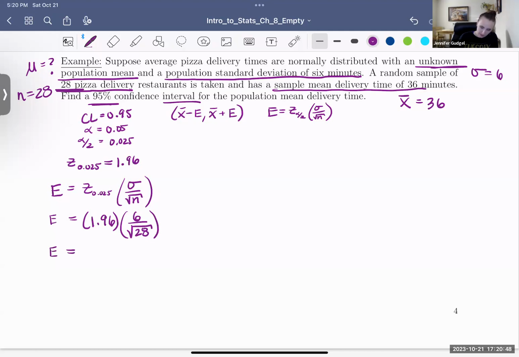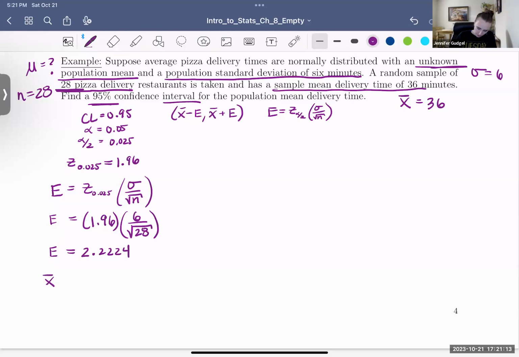So my error bound, let's go to our calculator. Let's type this in. My error bound is going to be 2.2224, rounded to 4 decimal places.